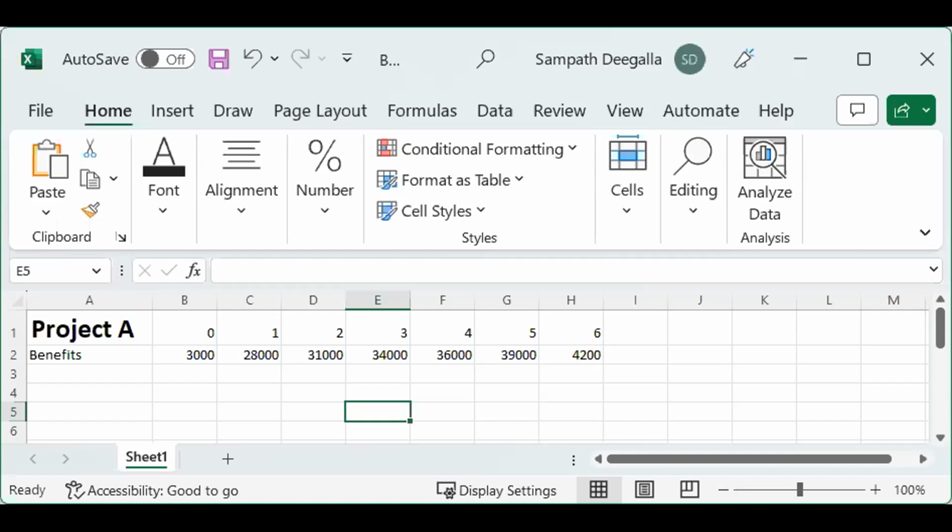right? Proportionately, when you have $1, it will be 1 for this year. Then 0.893, if you assume the interest rate is 12%.